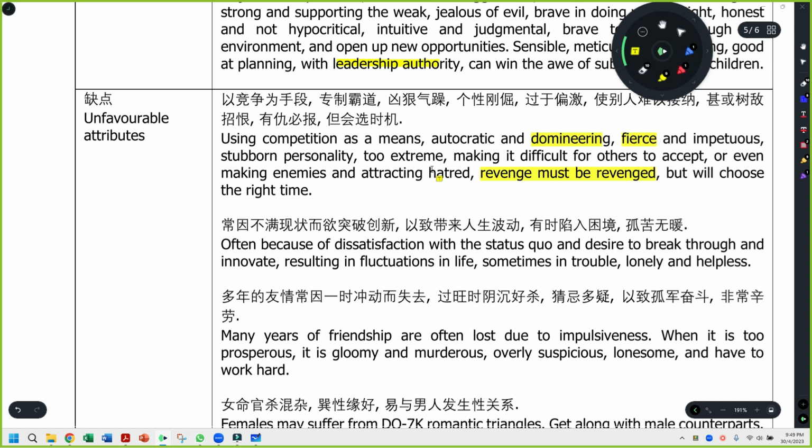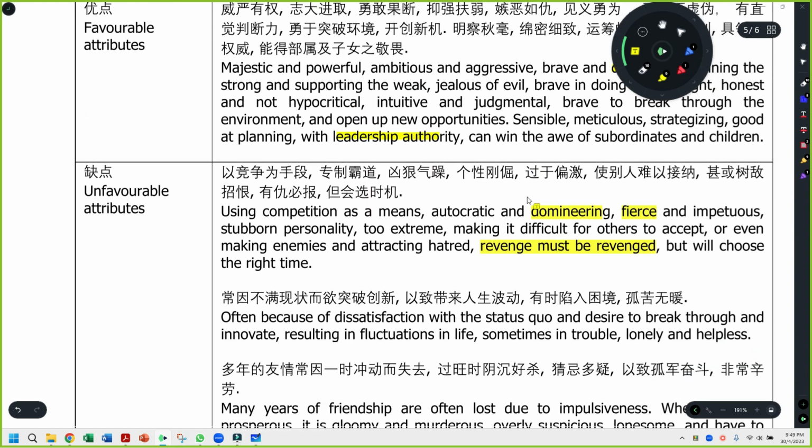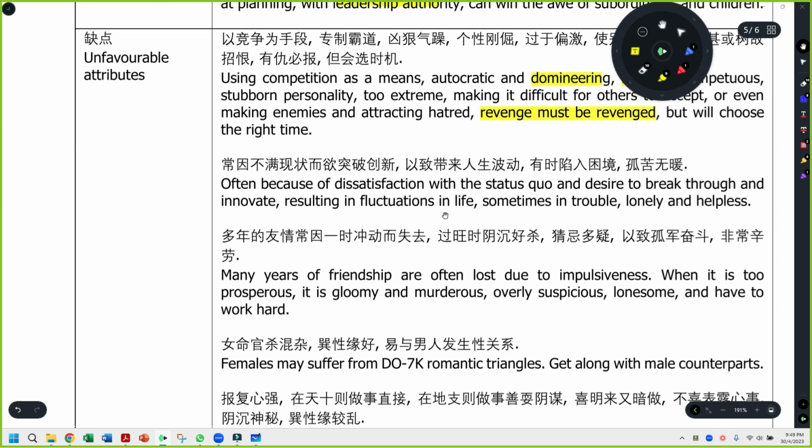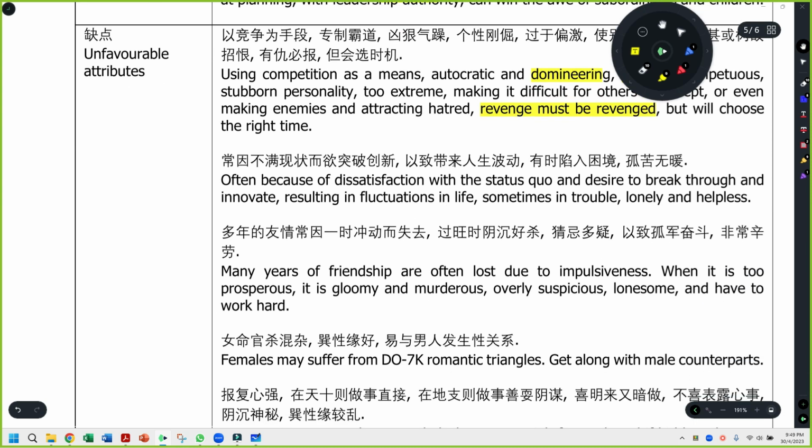The funny thing about 7 killing is that they want people to respect the law, but they themselves are above the law. Okay? So they themselves do not obey the law, but they expect other people to obey the law. Sometimes this would be one of the unfavorable elements.